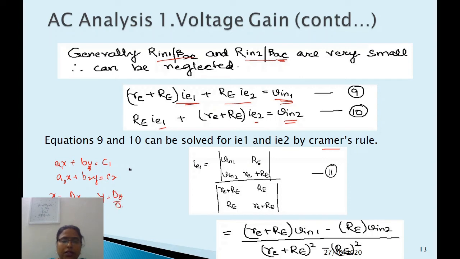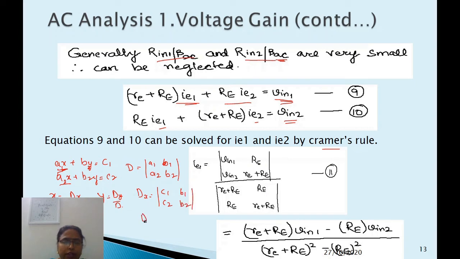Now what is d? D is the determinant of A1, B1 and A2, B2. And what is dx? Replacing the coefficients of X by C1 and C2, so this is C1, C2, B1, B2.